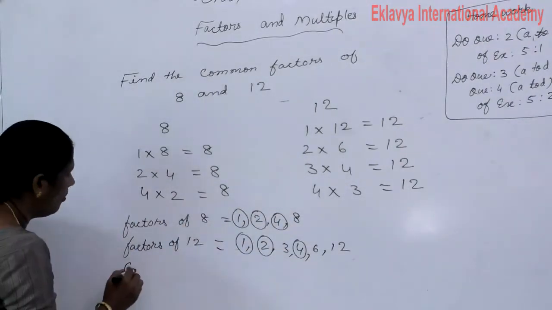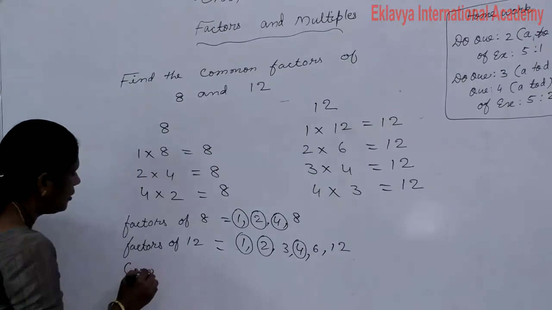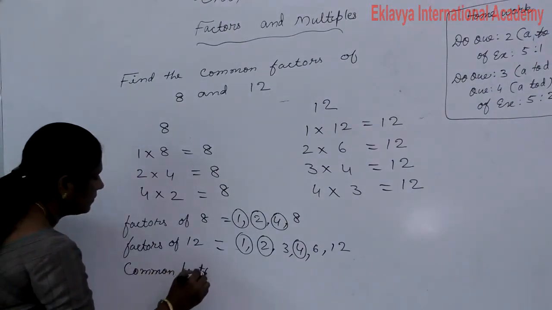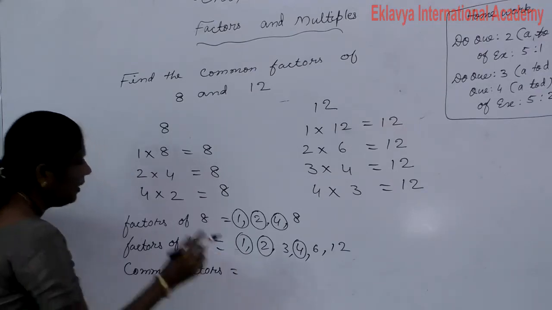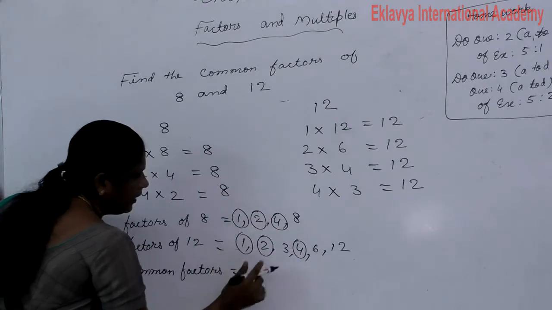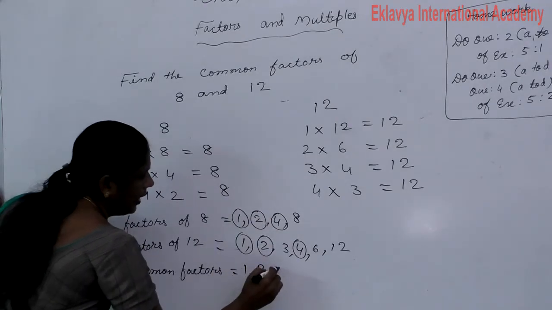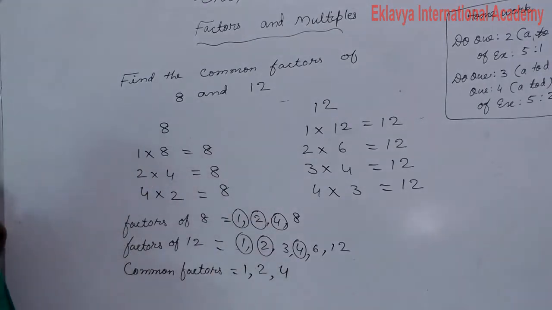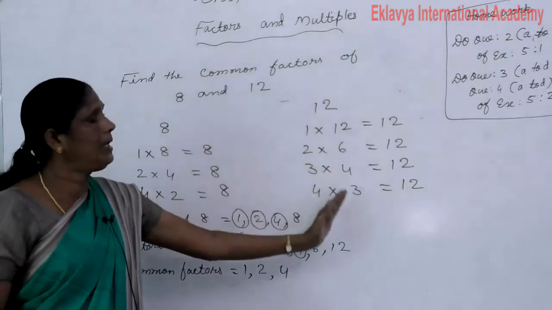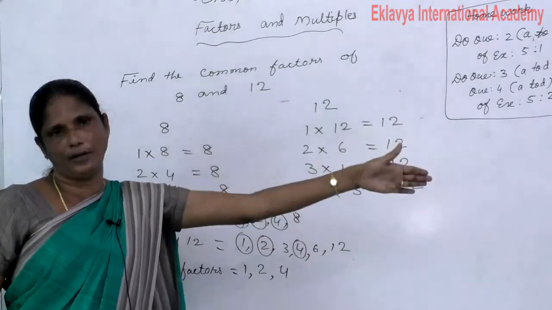Then the common factors are equal to 1, 2 and 4. Understand? Then HCF, highest common factor.